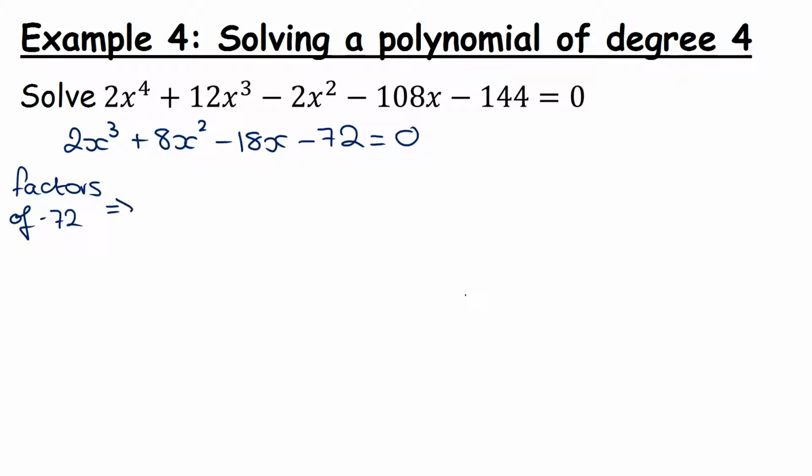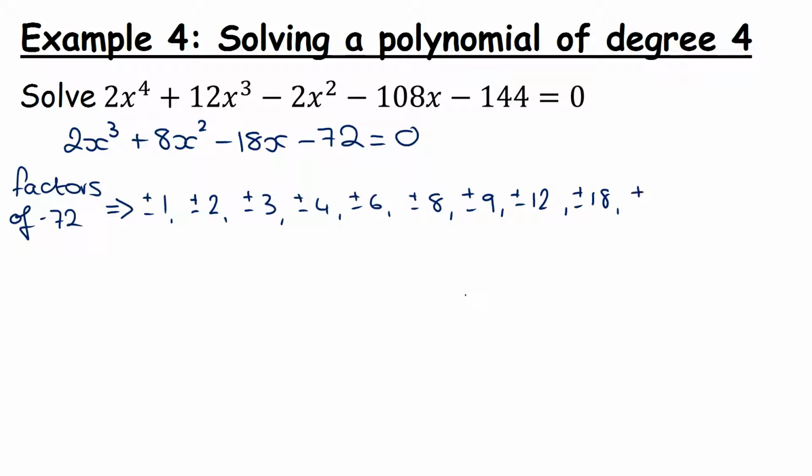Those factors are plus and minus 1, plus and minus 2, plus and minus 3, plus and minus 4, plus and minus 6, plus and minus 8, plus and minus 9, plus and minus 12, plus and minus 18, plus and minus 24, plus and minus 36, and plus and minus 72.